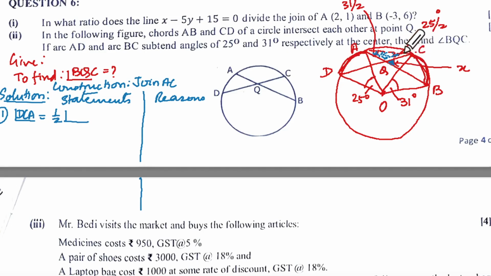Because it's not being subtended by AD. Because we are looking at the angle subtended by arc AD. So I must have D and A mentioned here. Did you understand D and A? And half of what is this angle? DOA. And what is the reason? Angle at center is equal to twice angle at circumference.